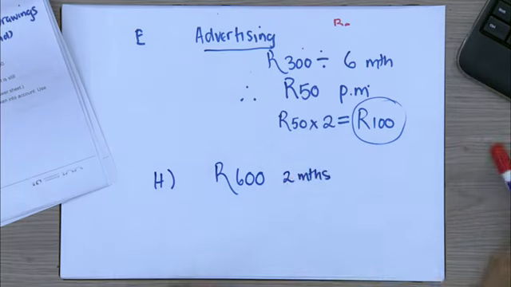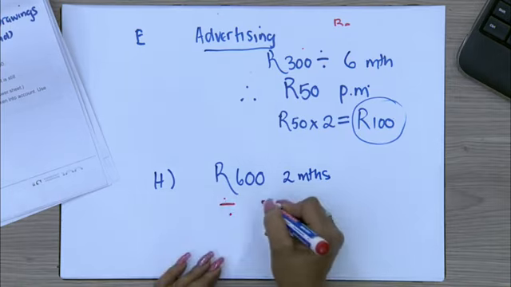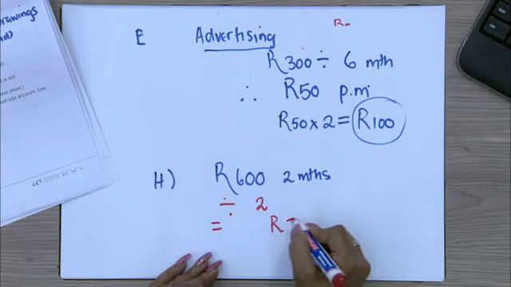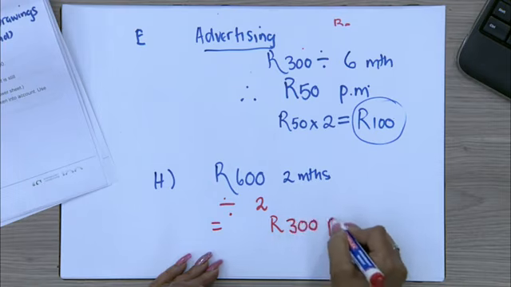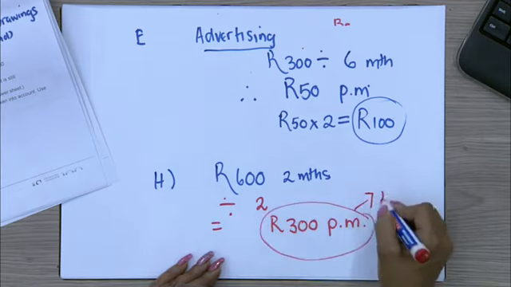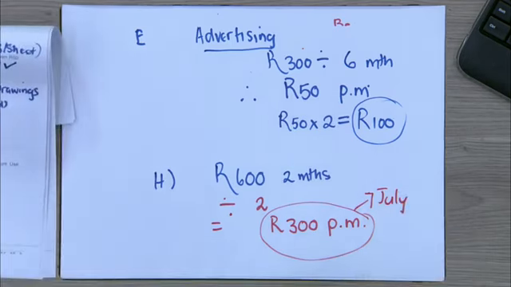Once again, I now need to take the 600 and divide that by 2, which tells me that the insurance is equal to 300 Rand per month. But I need to take out the month of July because it does not belong to my year.